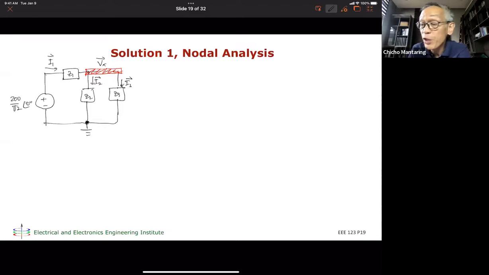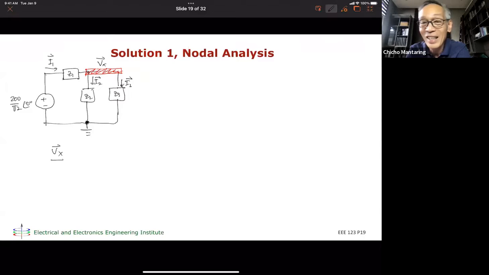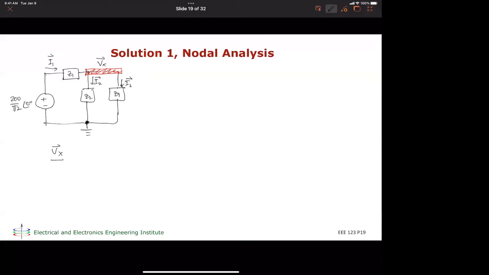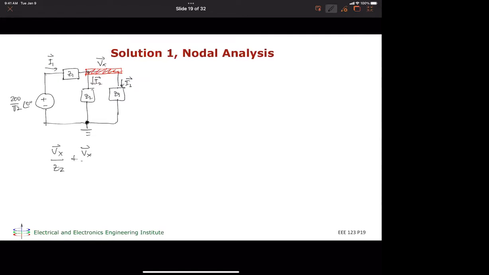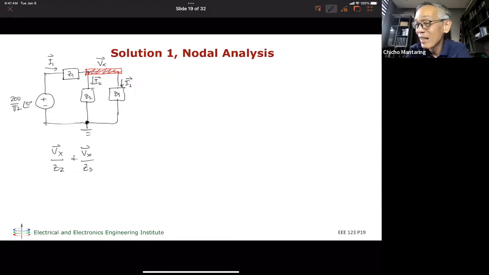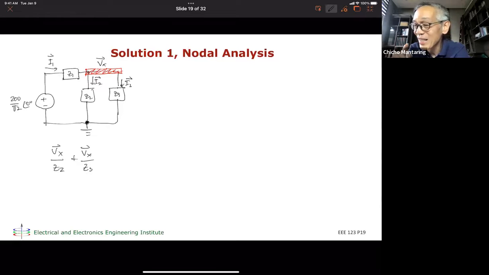But in terms of V of X, which is what we do in nodal analysis: V of X over an impedance, over Z2, plus V of X over Z3, minus V of X minus 200 over square root of 2 at an angle of 0 over... Are you sure, minus or plus?